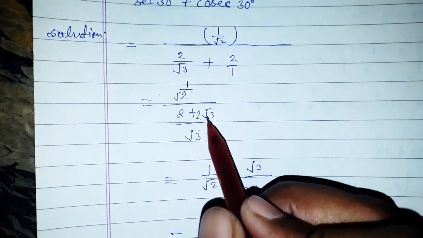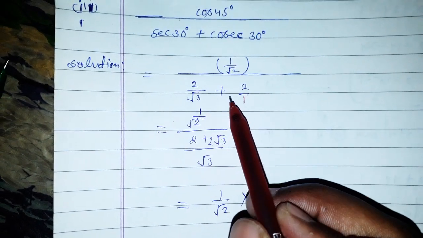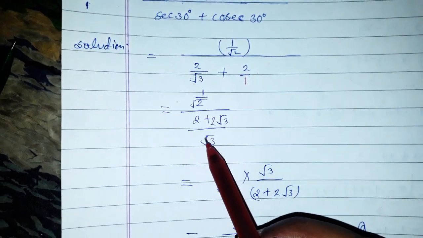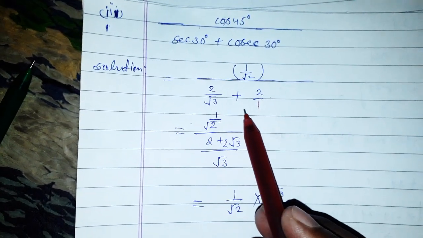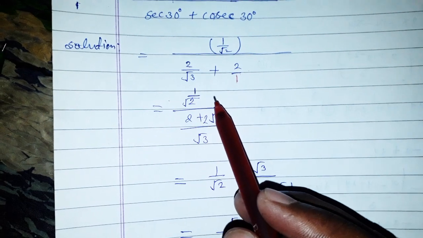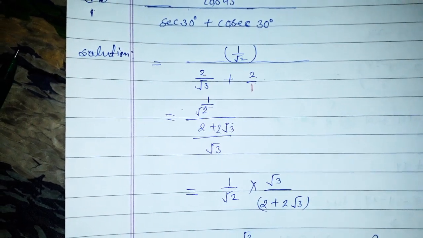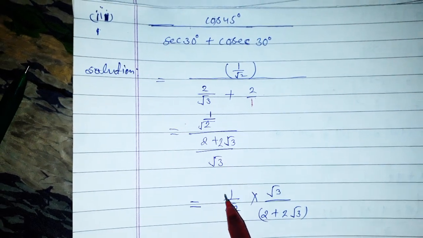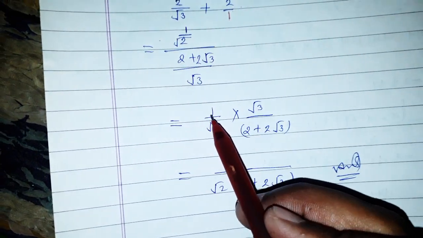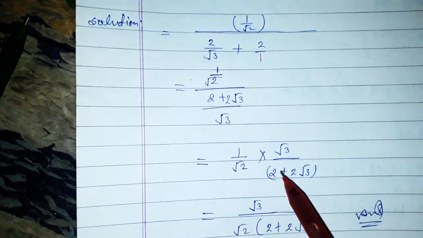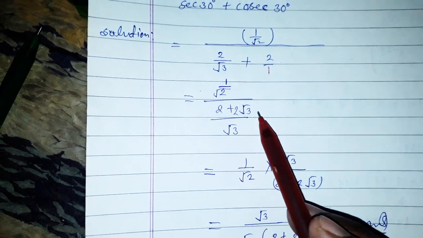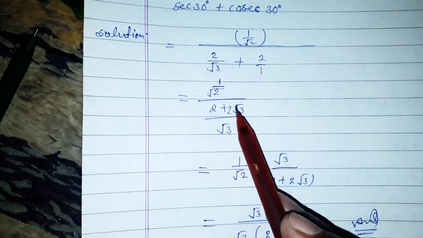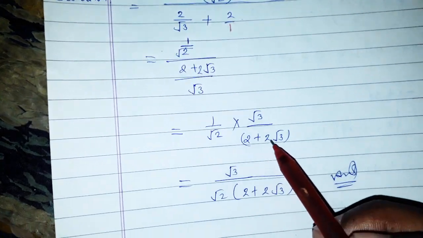We will take 1, so the LCM is root 3, and multiply here by 2 and here root 3, because no value is common. If something is common, divide by it. And for 1 upon root 3, when we change the division to multiplication, the value becomes its reciprocal.